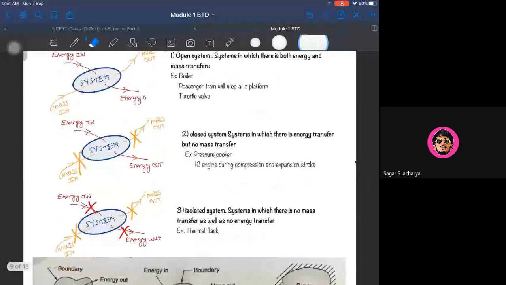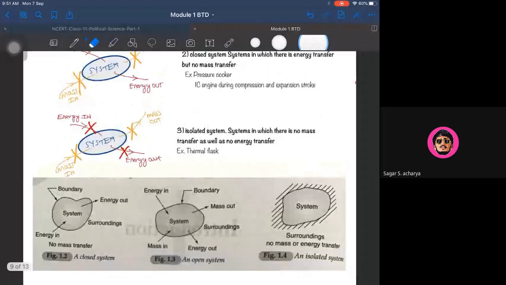If you want, you can take these diagrams. I have drawn them on my own, but these diagrams are from the textbook, so you can just take a sketch of it. Any other doubts regarding open, closed, and isolated systems?